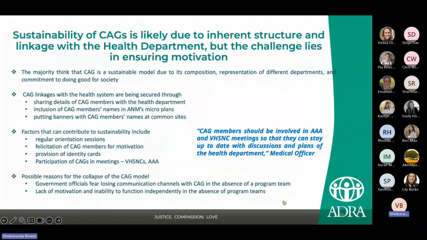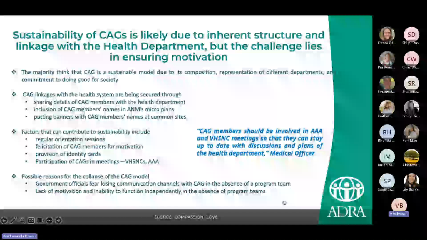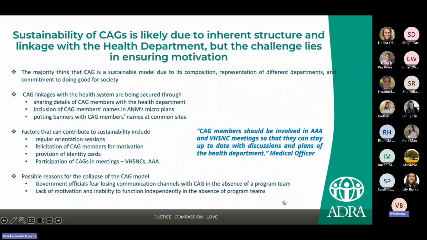Another component under this sustainability, what we have done, is that we use IEC materials or banners for different campaigns and different health programs, even at the village level. So we have dedicated a wall.